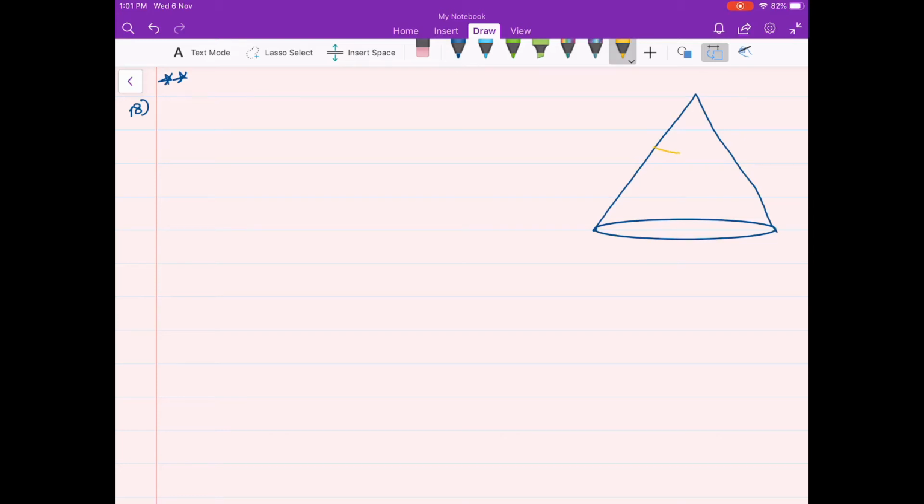Now cylinder is inscribed. Height of the cone is given. This is given as h, and semi-vertical angle is also given.